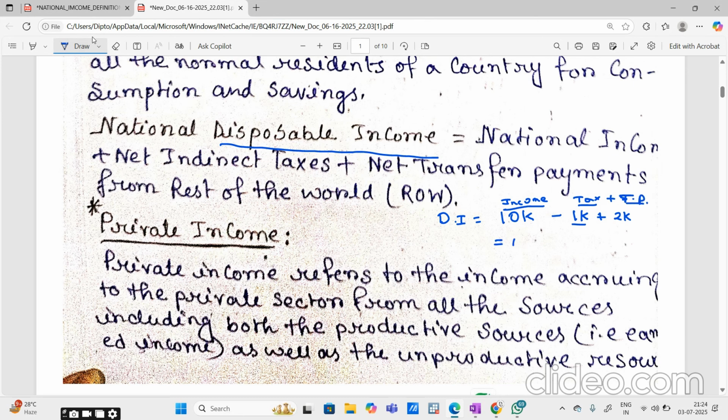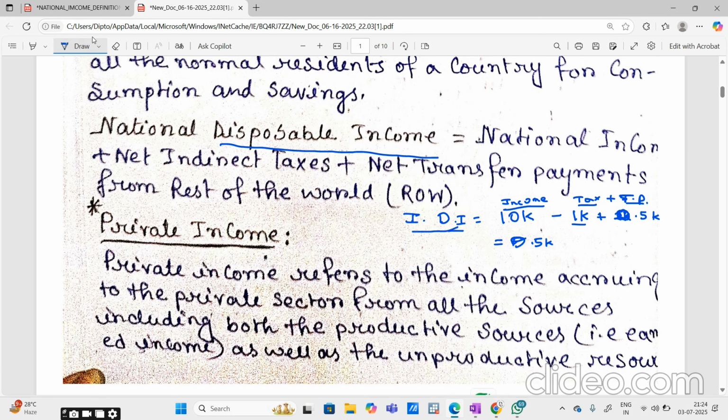Right, so let me take this transfer payment as 0.5k, or 500 rupees. So it is basically 9.5k. 9.5k is the amount of disposable income that you have. So it is individual disposable income.